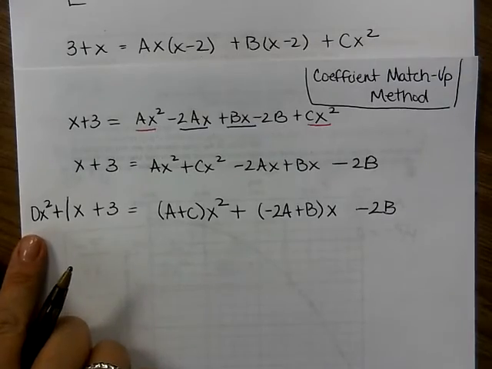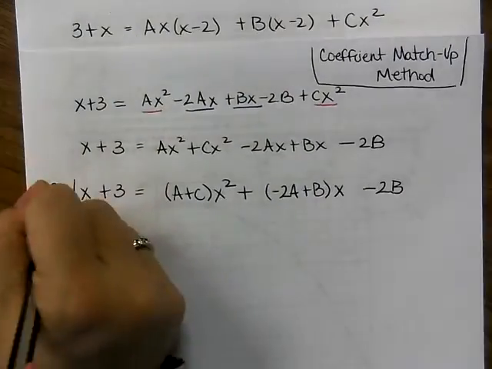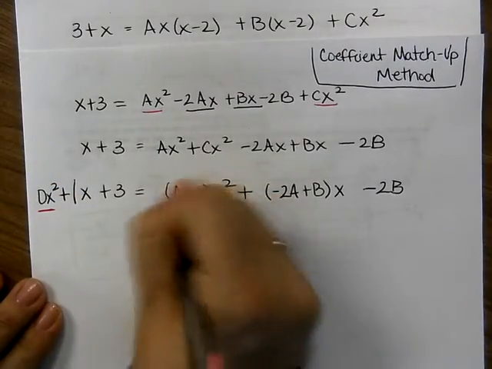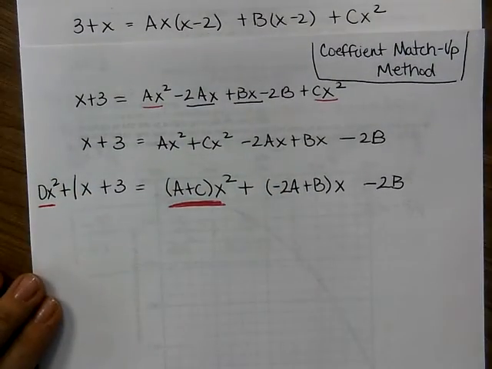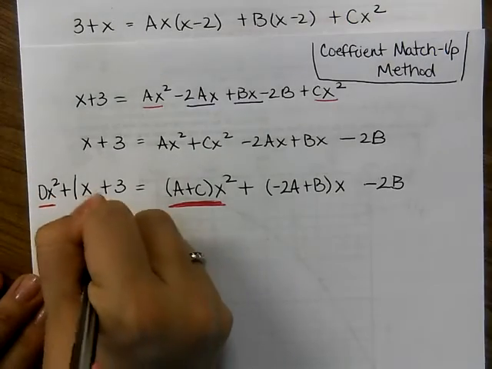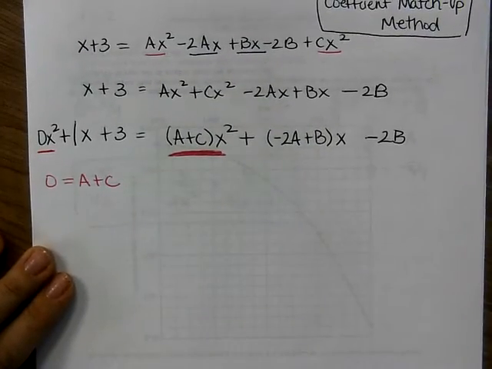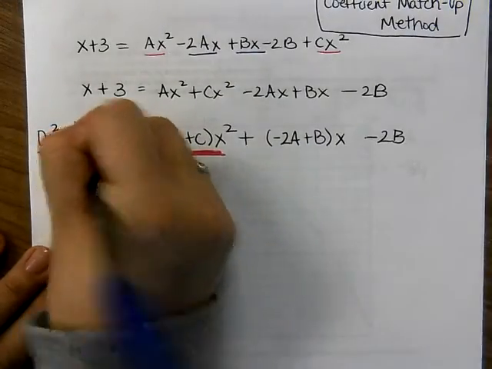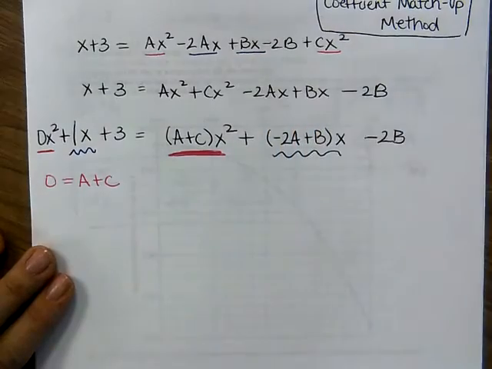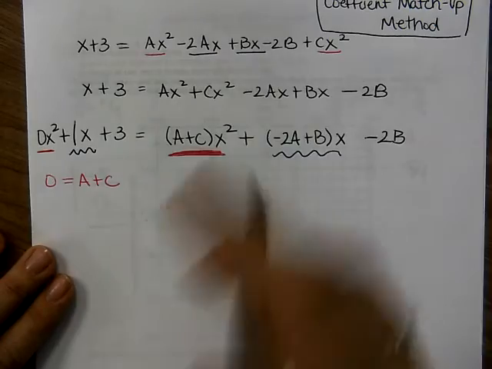Okay, so now this is the matchup part. This 0x squared and this a plus c x squared go together. That means that 0 has to equal a plus c. This x term and this x term have to go together, which means their coefficients have to be equal.